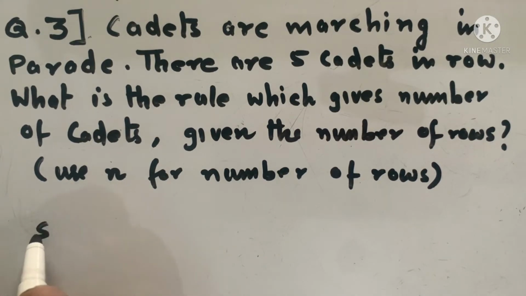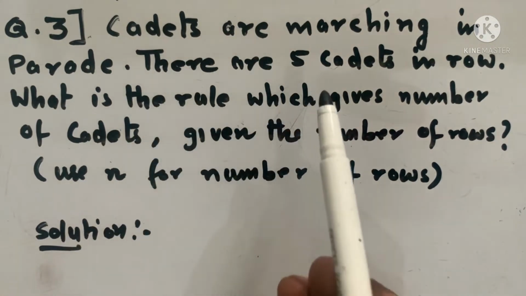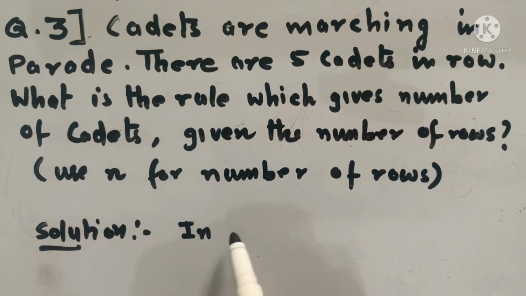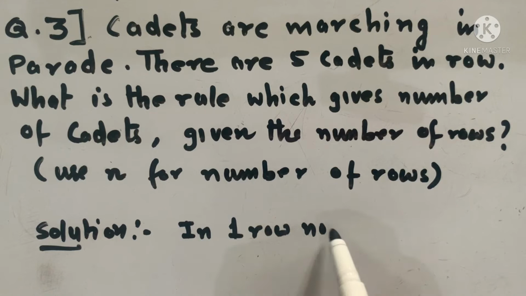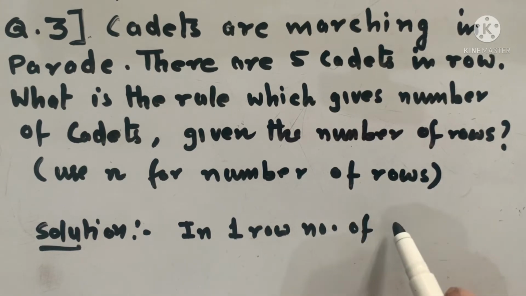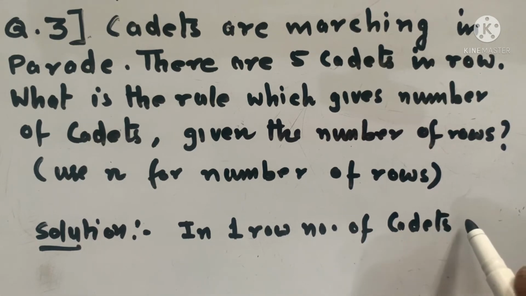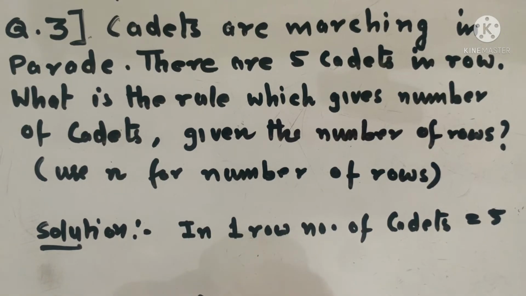Solution. There are 5 cadets in a row. Saying that in one row, the number of cadets is 5.